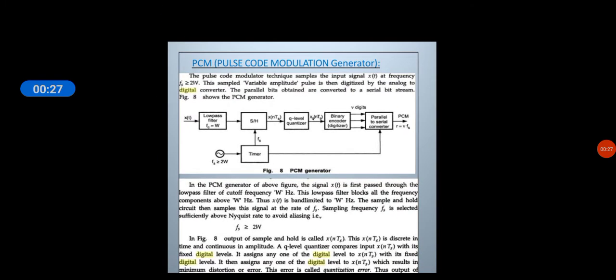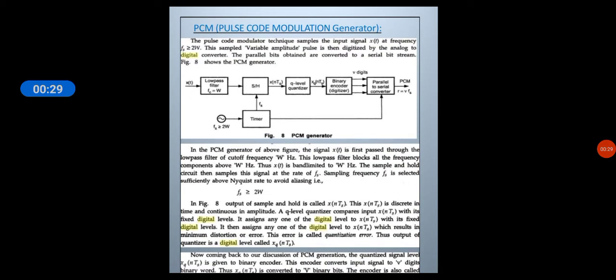In this video, we are going to discuss the next important topic, pulse code modulation. Pulse code modulation also comes under the category of pulse modulation techniques. In analog pulse modulation, there are concepts such as pulse code modulation, pulse amplitude modulation, and pulse position modulation, right?